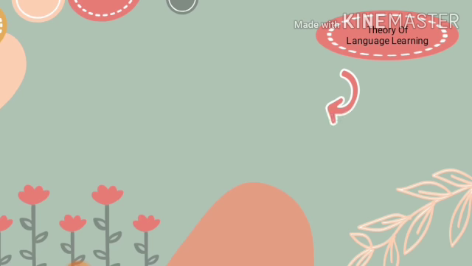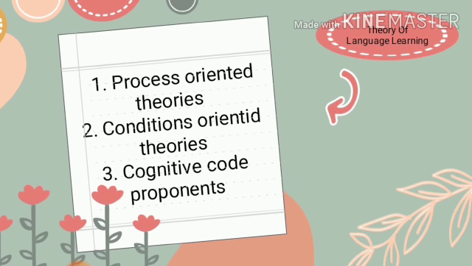The next is theory of language learning. It consists of process-oriented theories, condition-oriented theories, and cognitive code proponents. The first is process-oriented theories, which build on learning processes such as habit formation, induction, and inferencing.